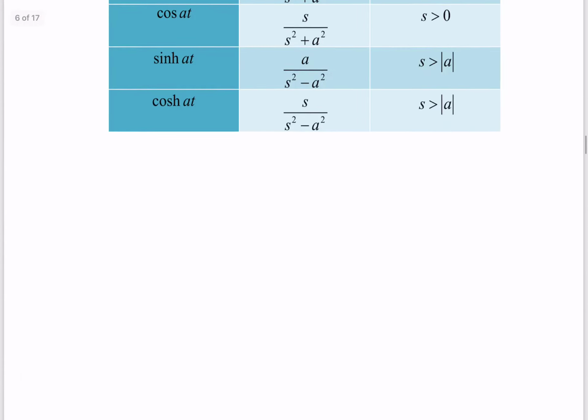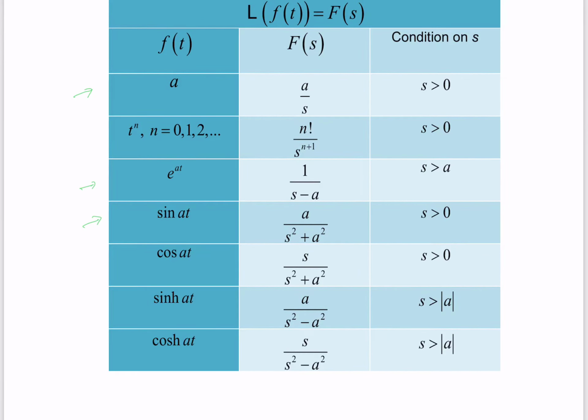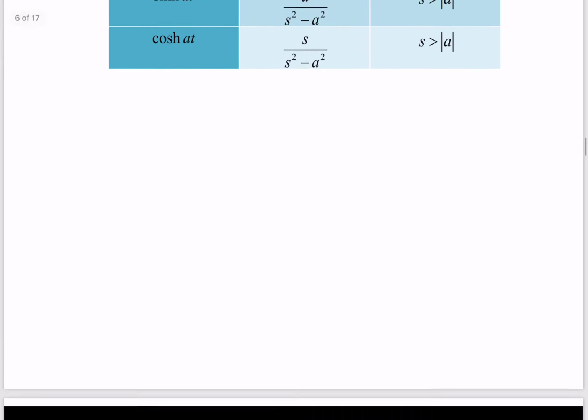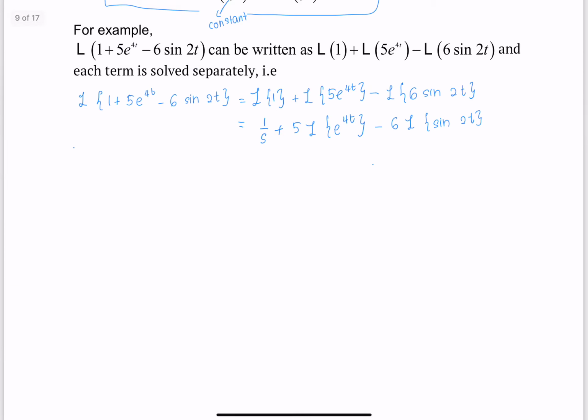For the exponential e to the at, it is 1 over s minus a. And for sine at, it is equal to a over s squared plus a squared, right? So for this exponent, my a is equal to 4.